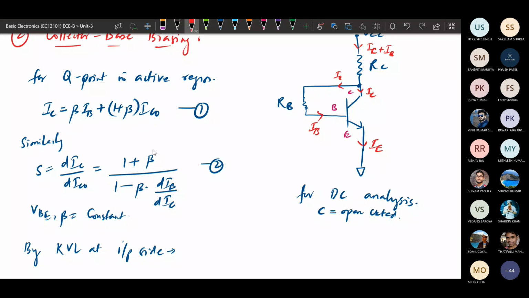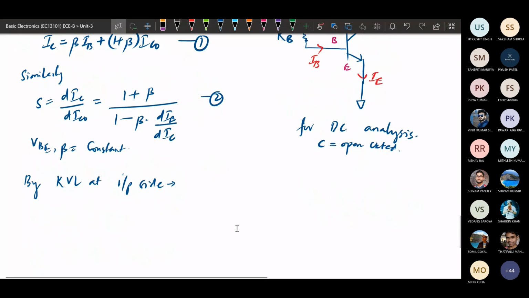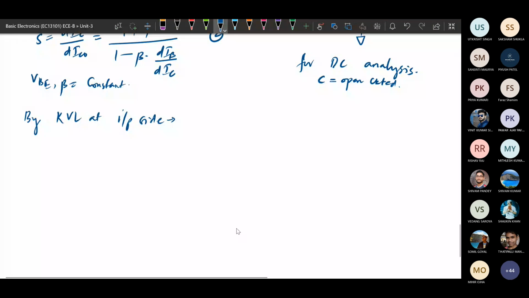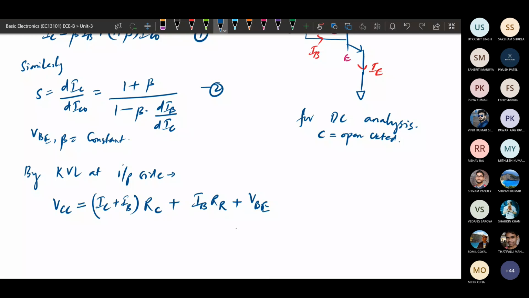So if we consider the KVL at the input side, we can write VCC equals the current through the resistance RC, that is IC plus IB, multiplied by RC, plus IB RB plus VBE. So this is the KVL at the input side.